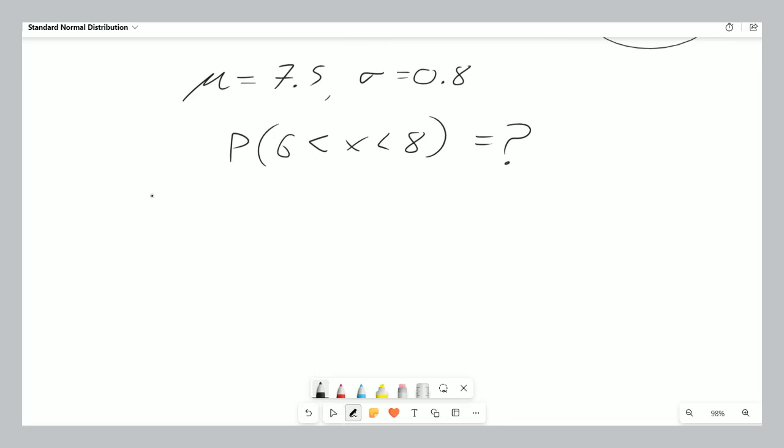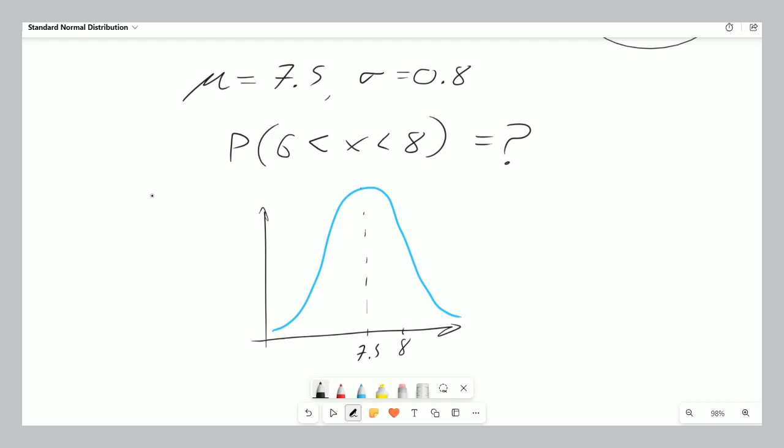So we can draw our normal distribution, right? And there's our 7.5 at the peak. That's our mean value. And there's our 8 somewhere above, and there's our 6 somewhere below. And we want to know the probability of being between 6 and 8. So we want to know this area under the curve.